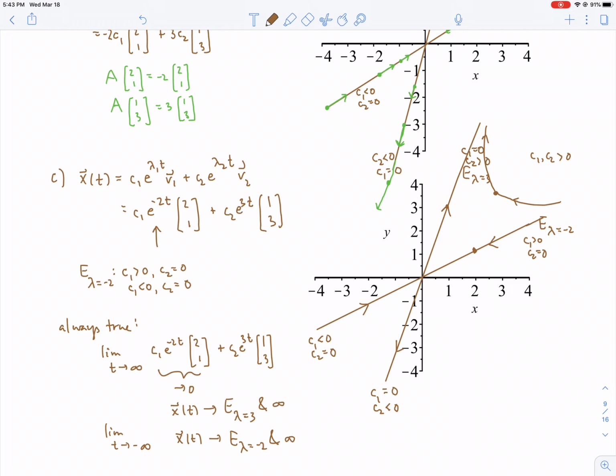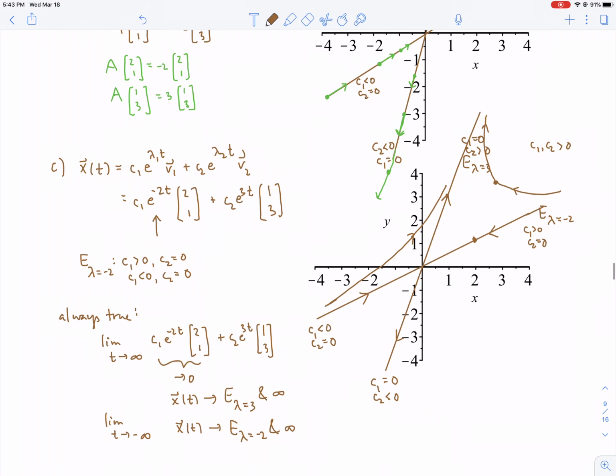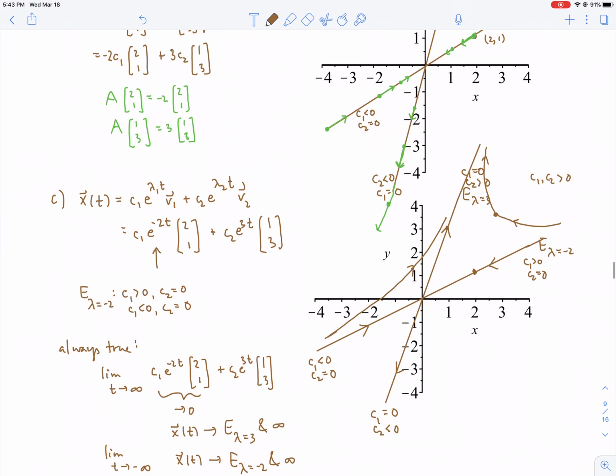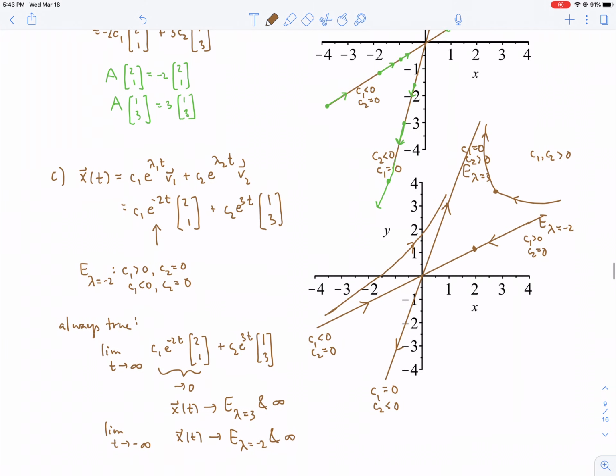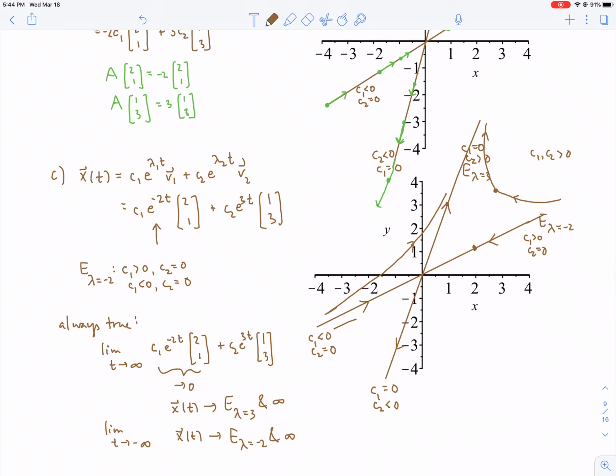So, for example, in this quadrant, solutions come from the minus 2 eigenspace, and they go to the lambda equals 3 eigenspace. And I'll just fill in the other pieces, the arrows in the eigenspaces tell you what happens.